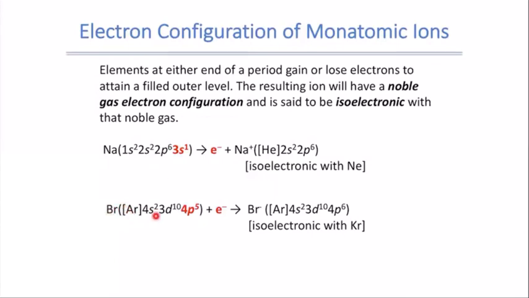Bromine has an electron configuration where if I add one more electron and create bromine with a negative charge, that has the same configuration as krypton. So it becomes isoelectronic with krypton. That's its nearest noble gas. So this is why in the beginning I told you these elements in the main groups wanted the same number of electrons as the nearest noble gas.